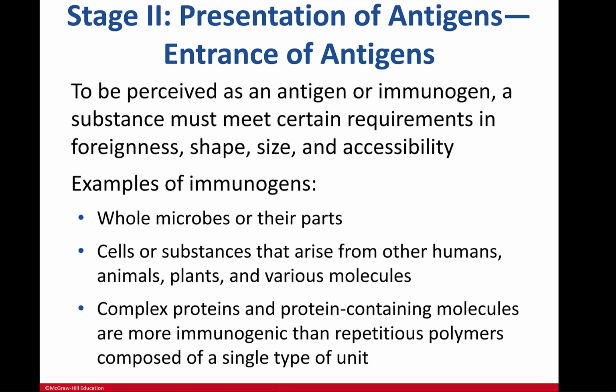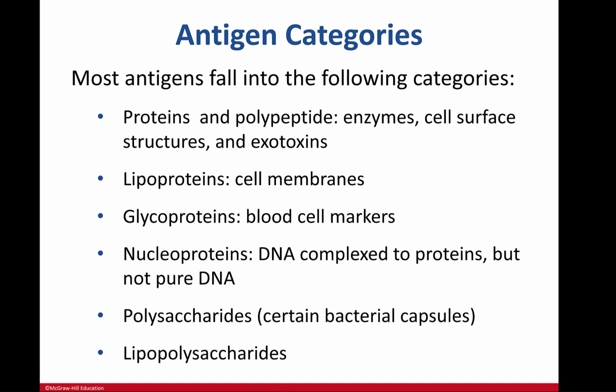Complex proteins and protein-containing molecules are more immunogenic than repetitious polymers like sugars, polysaccharides, and things like that. So, antigen categories: proteins, polypeptides, enzymes, cell surface structures, exotoxins. Lipoproteins, fat proteins, cell membranes. Glycoproteins, blood cell markers. Those are glycoproteins for the A and the B, or the AB, or not having any markers, the type O. Nucleoproteins, DNA complexed to proteins, but not pure DNA.